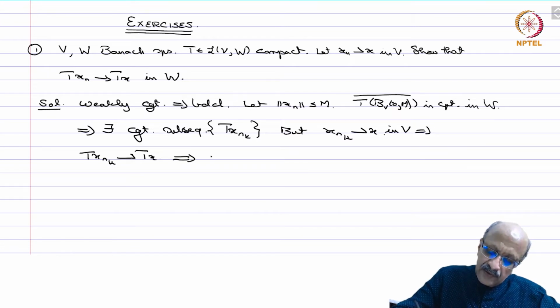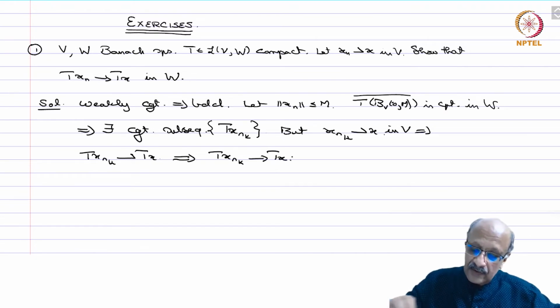So Tx_{n_k} converges in norm and it converges weakly to Tx. Therefore Tx_{n_k} converges in norm to Tx. Okay, so this happens for a subsequence.